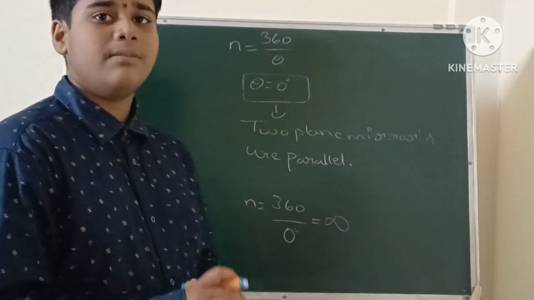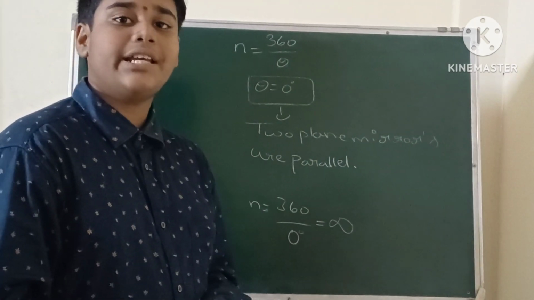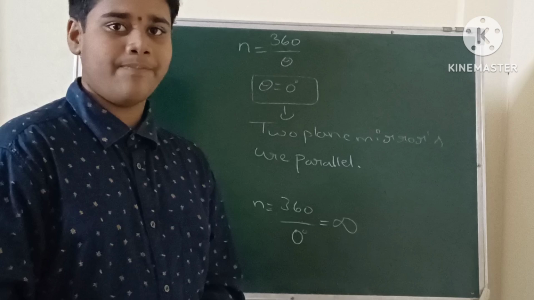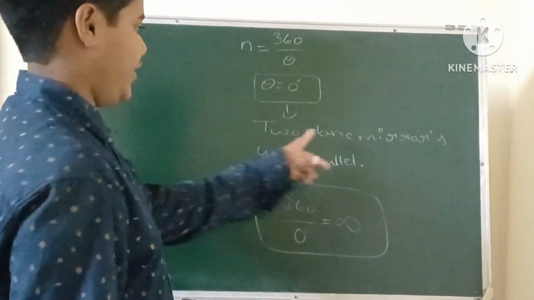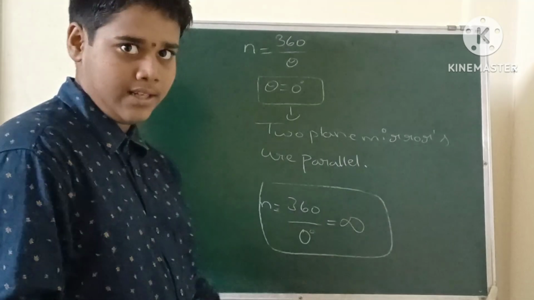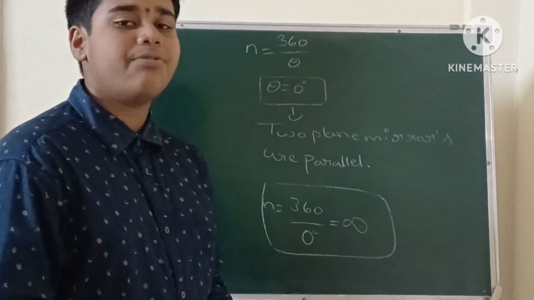So in parallel mirrors, infinite images are formed. So this is a very important point. When two plane mirrors are parallel, the images formed are infinite.